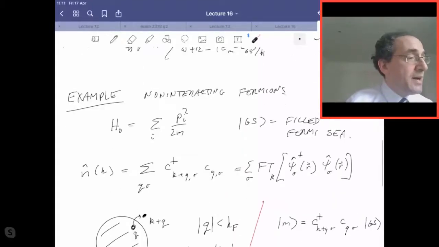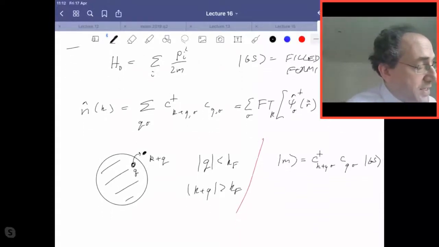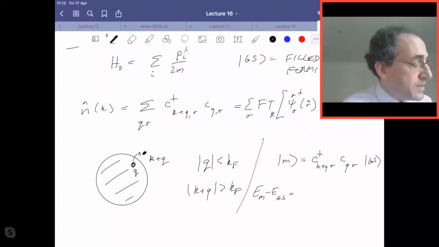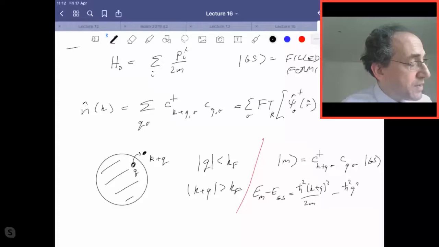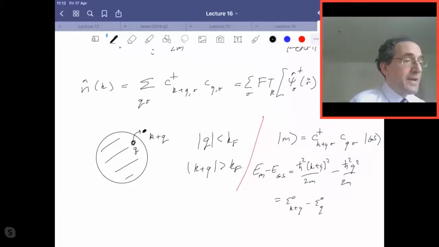Okay, so the energies of these particular excited states, E sub m minus E ground state, this is obvious: h bar squared (k plus q) squared over 2m minus h bar squared q squared over 2m, or we can write this as epsilon naught of k plus q minus epsilon naught of q.